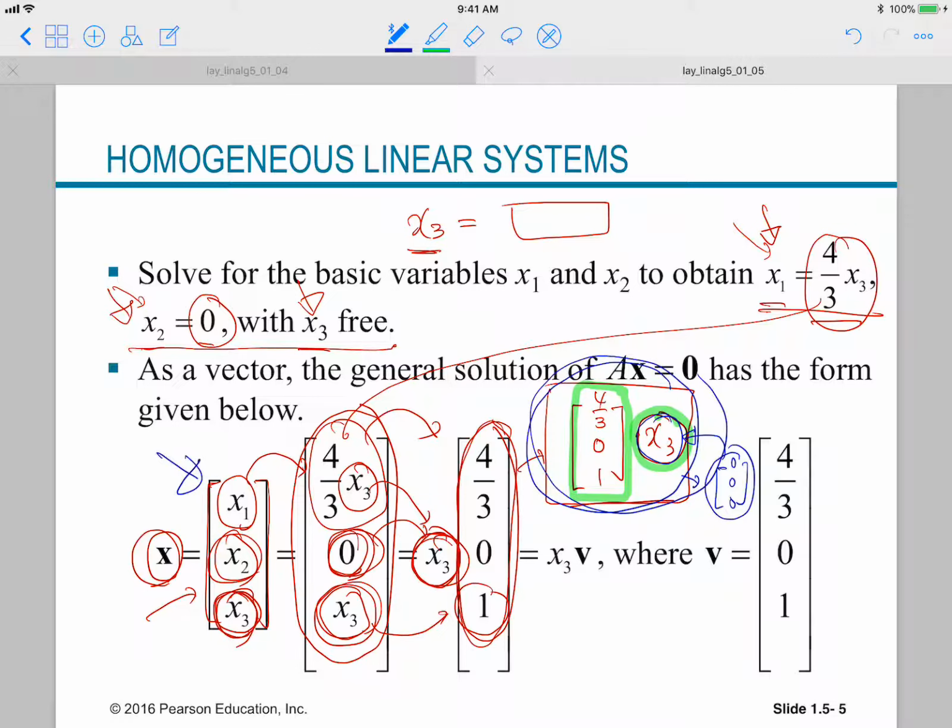That means by changing the free variable to any value that we want to choose, we can have many different solutions, or infinitely many solutions. So having the free variable is the same as having infinitely many solutions for this particular linear system, which we call a homogeneous linear system.